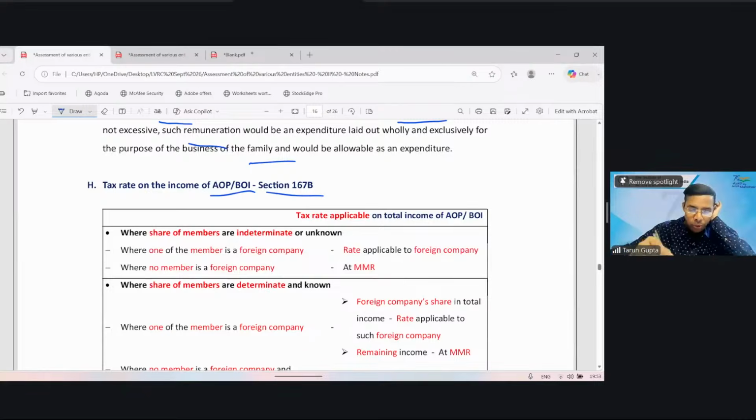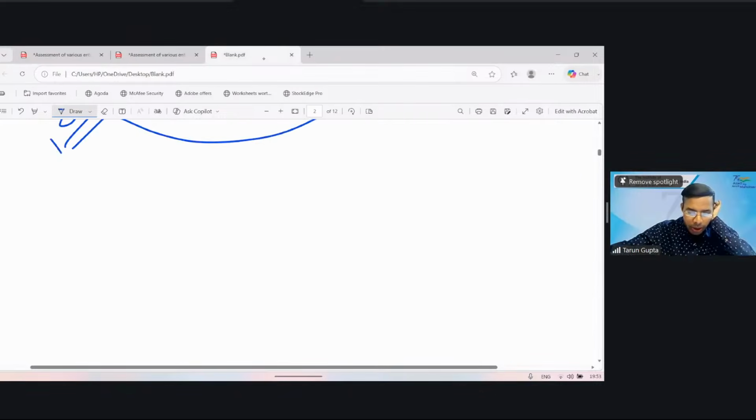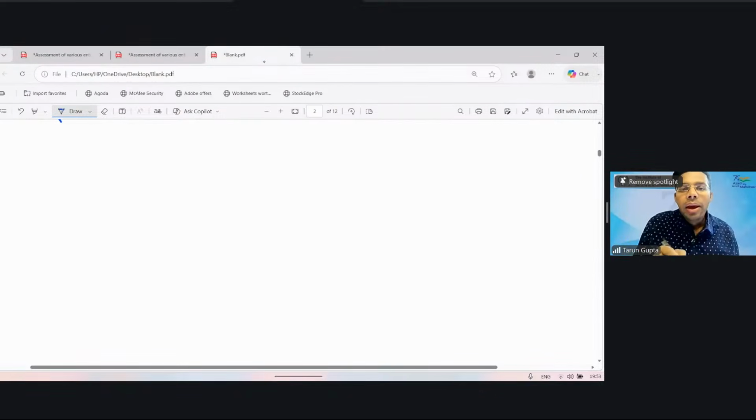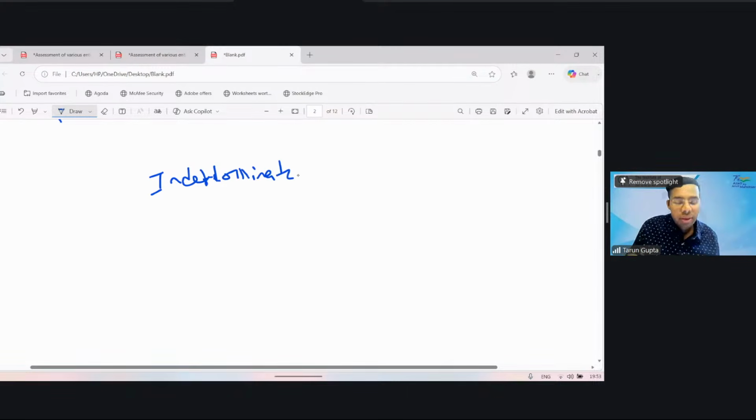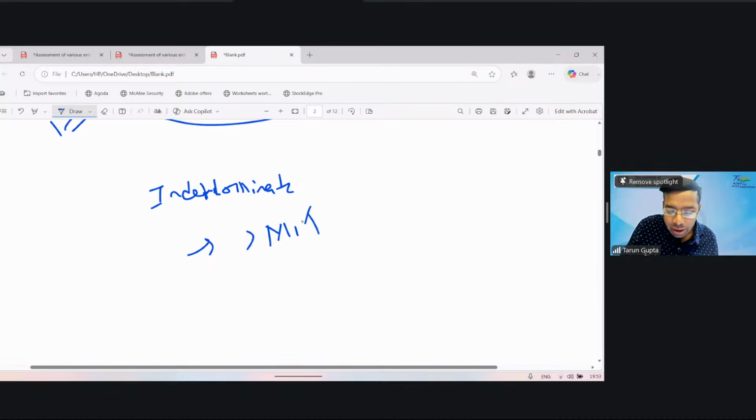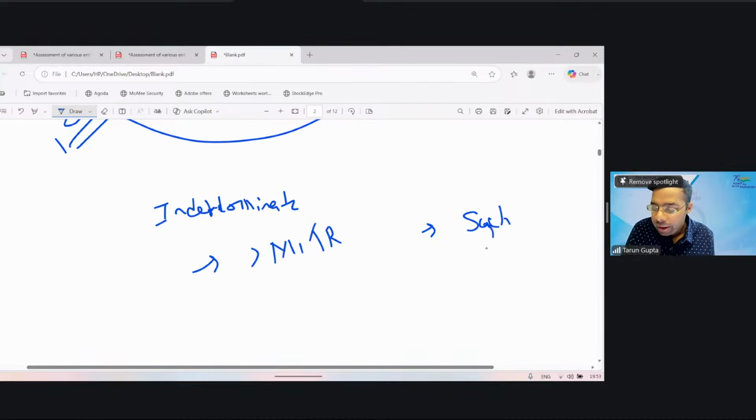So what I told you, it says if the shares are indeterminate, then we'll see whether any member of the AOP is taxable at a rate more than MMR. If yes, then the total income of AOP or BOI shall be taxable at such rate, the rate at which such member is taxable.